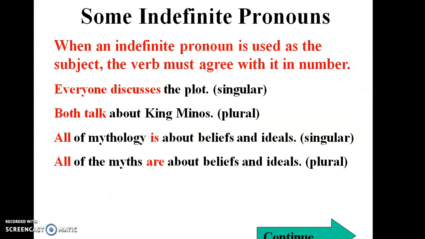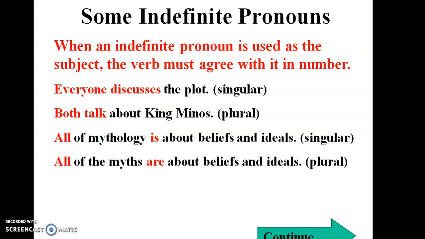When an indefinite pronoun is used as a subject, the verb must agree with it in number. For example, everyone discusses the plot. The singular form: everyone is singular. Both talk about King Midas, it's the plural form, because both is a plural pronoun.